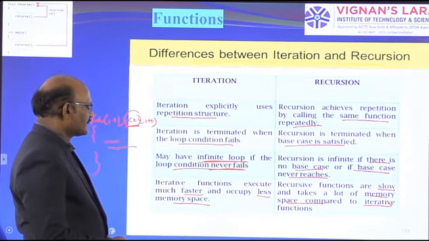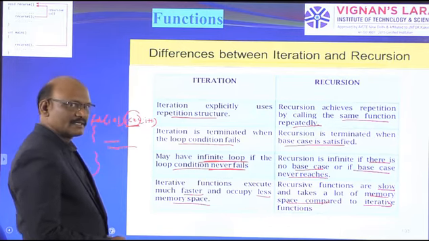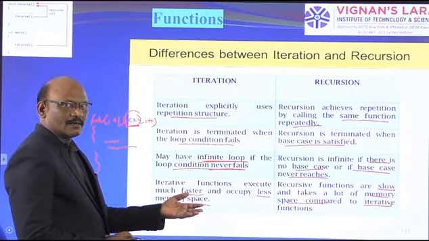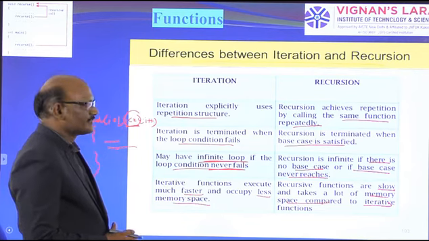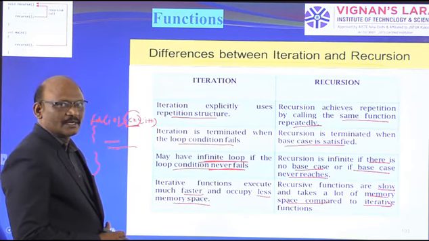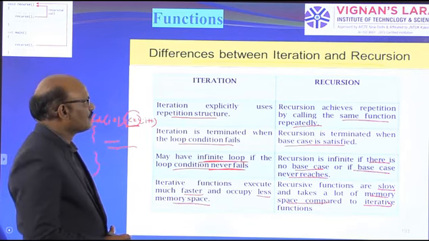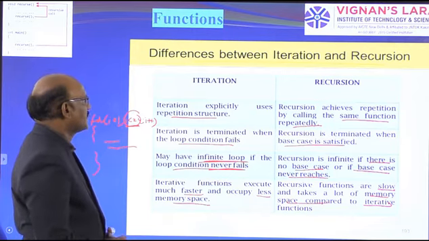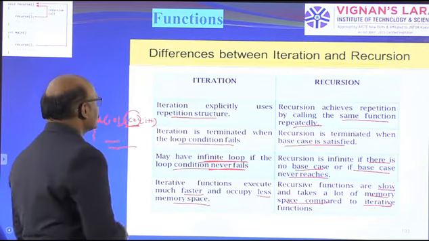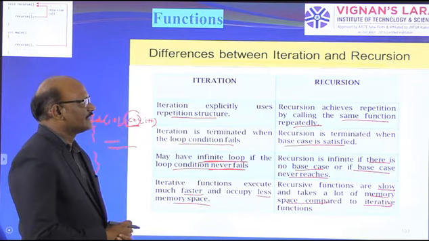So iterative functions are faster and occupy less space. Coming to the recursive functions, they are slower and also occupy more memory space compared to iteration. So these are the differences between iteration and recursion.